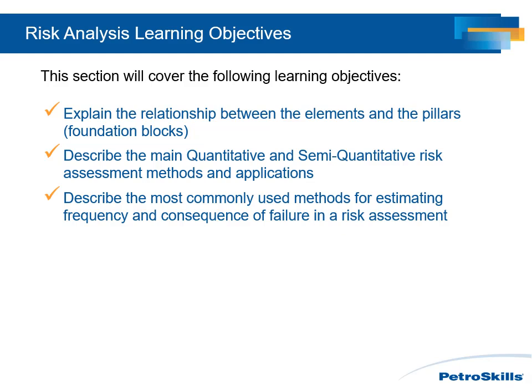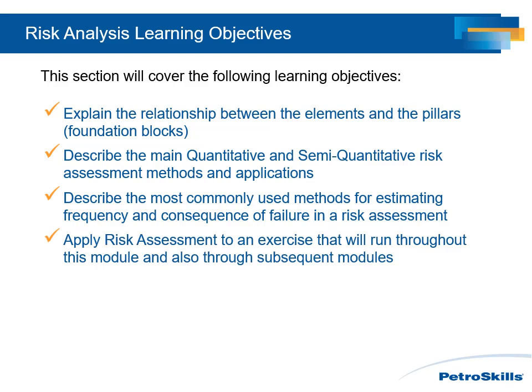From the core module, you will remember that risk is frequency multiplied by consequence. After we've accomplished those 3 objectives, we will apply risk assessment to the exercise that will run throughout this module and further modules in the fundamental course.